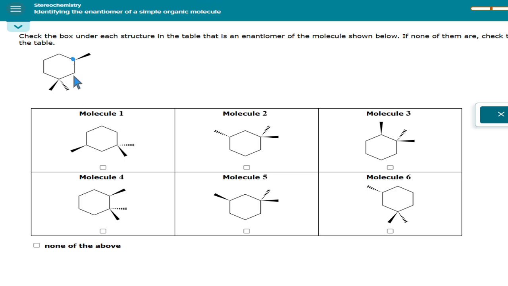So the one at the bottom has more branches. So this side is more branched than the side above. So that makes this side the first priority. That makes it number one. And on the other side, we have also a carbon chain, just like we have it here. But on this side, I do not have any substitutions.